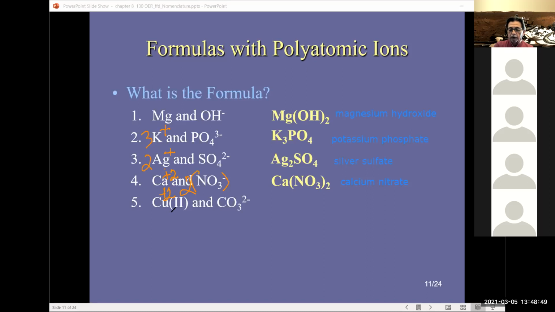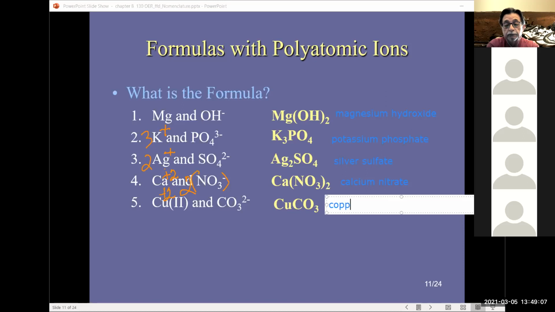We're using copper 2, and so the formula is a straightforward CuCO3. Again, the CO3 you only need one, so no parentheses are necessary. For naming, we have to use the Roman numerals here. Copper, Roman numeral 2, carbonate. And you'll find that polyatomic ion again in the periodic table.